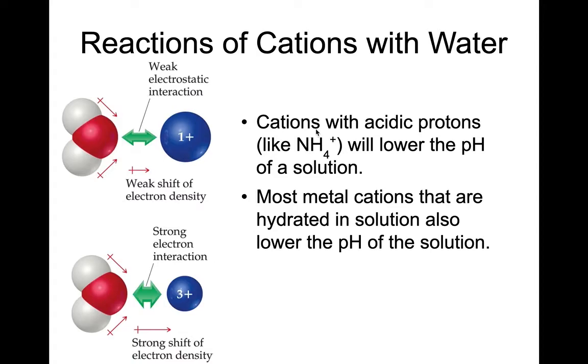So it's a cation, NH3 plus an acidic proton, and this will lower the pH of a solution. It will make it more acidic. Most metal cations that are hydrated in solution also lower the pH. So most metal cations that are attached to a hydrogen will make the solution more acidic.